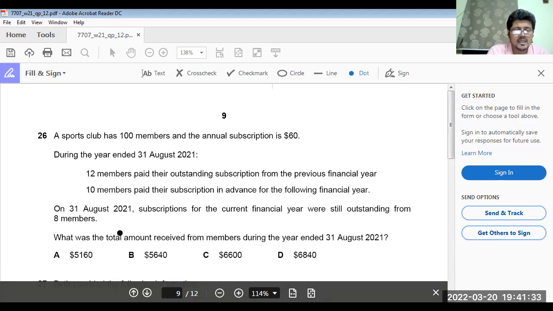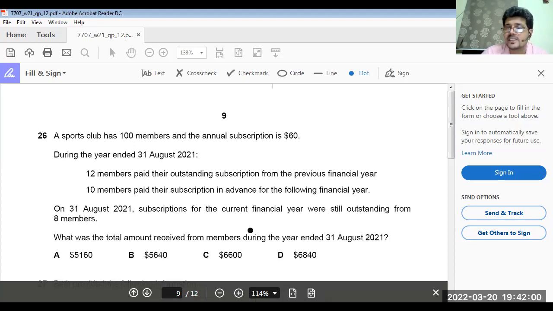What we have to calculate here is the total amount received. Getting my point? So suppose we are receiving $60 from 122 members: 100 members, plus 12 who are paying double for their previous balance, and 10 members who are paying double for the next year. So 122 members are paying $60.